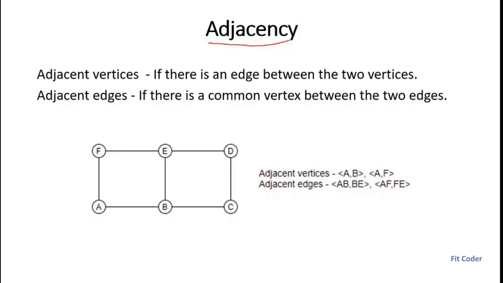B and F are adjacent vertices of A, B and F are adjacent vertices of E, E and C are adjacent vertices of D, and E and C are adjacent vertices of B. Similarly, adjacent edges are edges that have a common vertex between them. An example is AB and BE. The common vertex is B, so these are adjacent edges. Next I have written AF and FE. This is the common vertex. If there is a common vertex, then those edges are adjacent. If there is a common edge, then those vertices are adjacent.